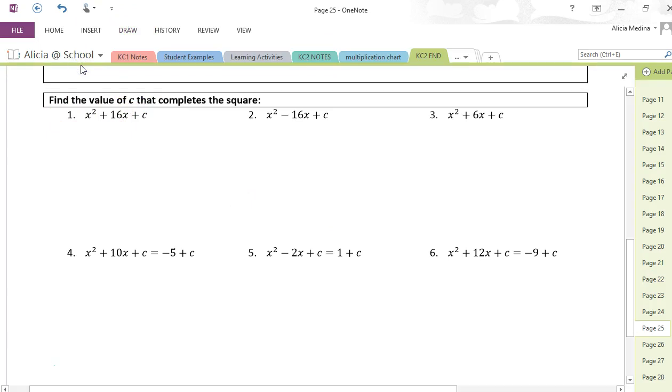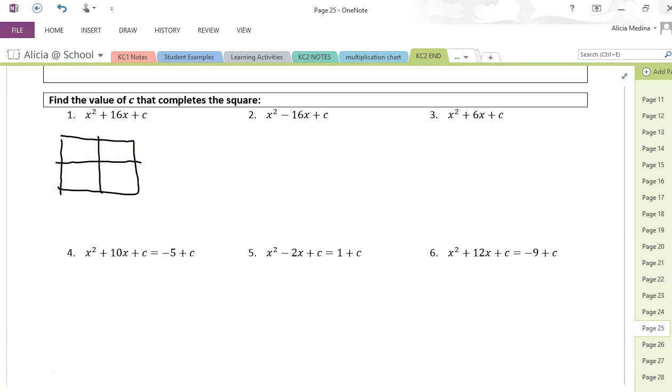So I know I'm going to have a Punnett square box. I see that my x squared is going to be in the upper left corner. My diagonal is going to be made up of that 16x, but I don't know what my c value is.